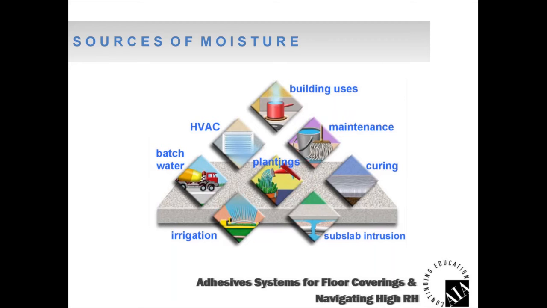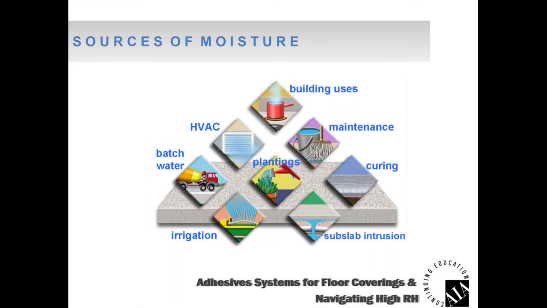The moisture does not have to be always from the bottom. Certainly from the top, whether it's building uses that are introducing humidity to the airspace, or whether it's the maintenance guys that are dumping water on the floor and mopping the floor, and you got top-down moisture, top-down water going into the floor covering, in the joints of the flooring, things like that.